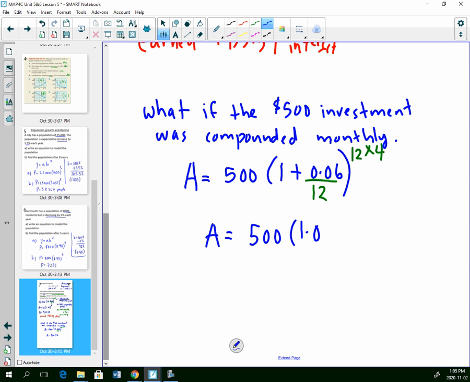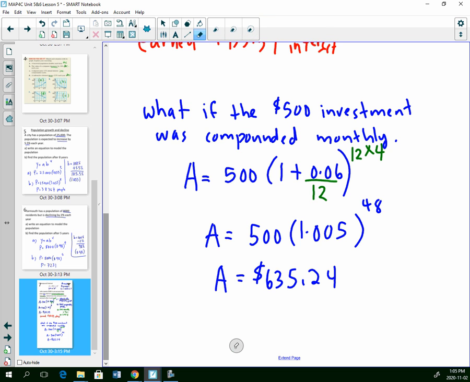So this is going to be 1.005 to the power of 48. And works out to be $635.24.